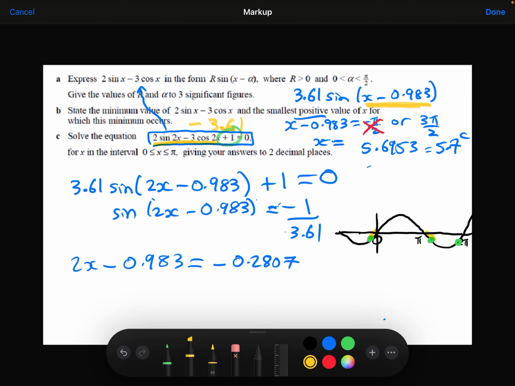So if I do pi plus the 0.2807, I get 3.4223. And then for this answer, I'm going to do 2 pi minus the 0.2807, which gives 6.0025.